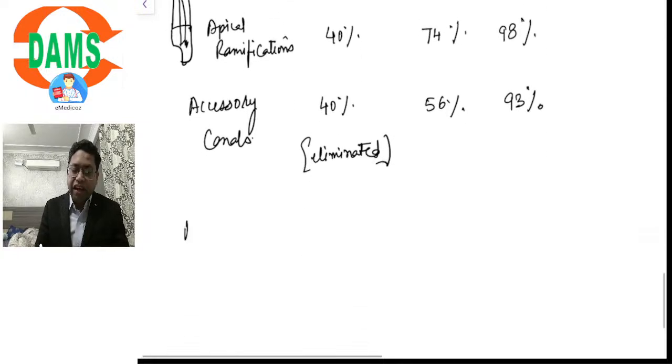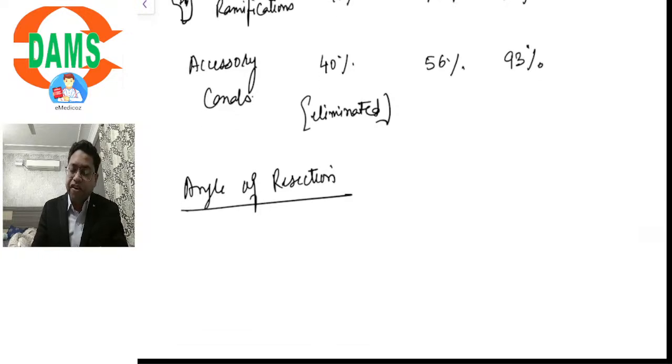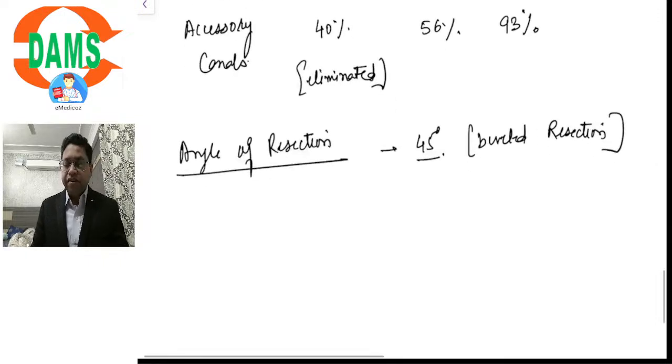If we talk about angle of resection, angle of resection conventionally has been 45 degrees or beveled resection. The beveled resection of the root end.